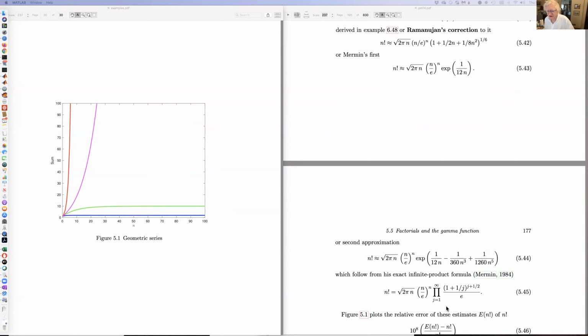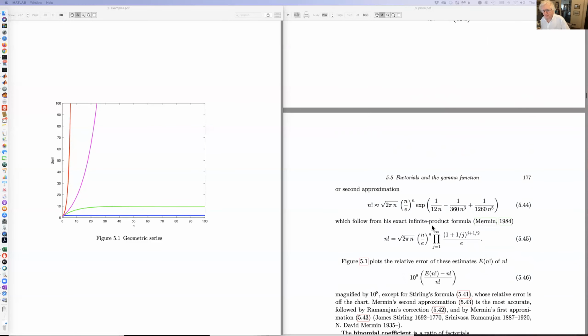And then he invented an exact infinite product formula. As I said to you once before, I find infinite products just absolutely fascinating, whereas an infinite sum I think is kind of dull. Infinite products are quite interesting and fascinating.